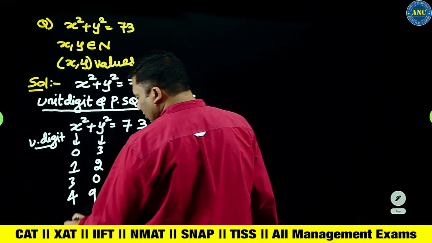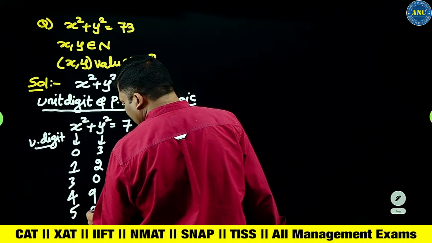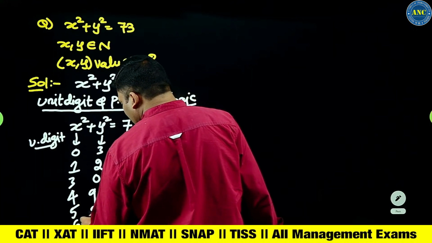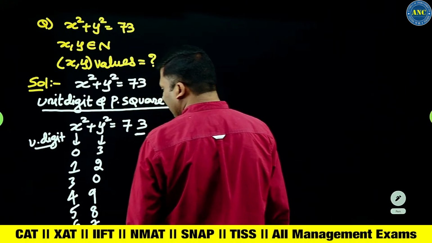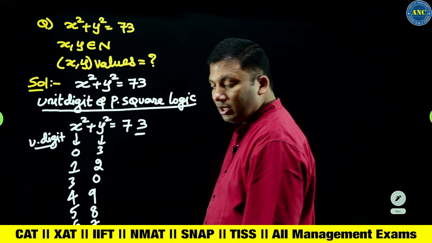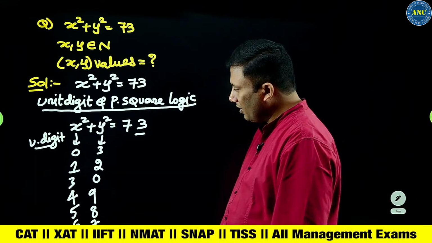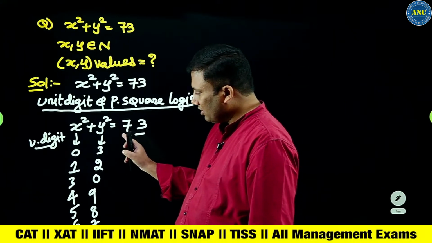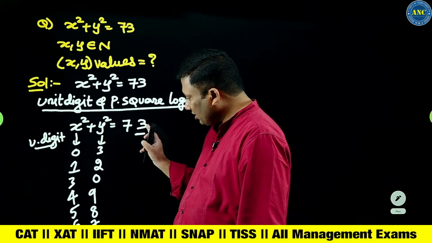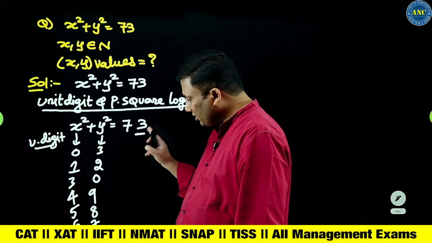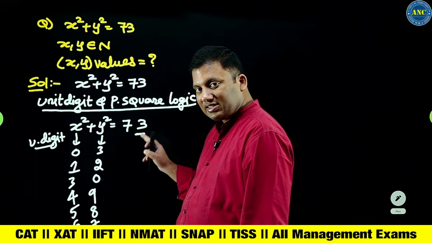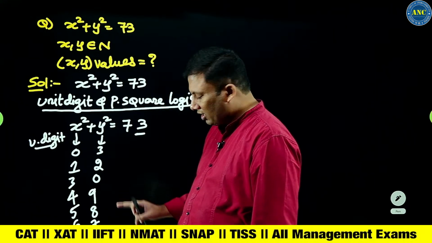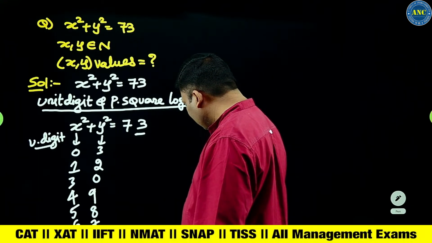This can be 5, this can be 8. This can be 6, this can be 7. So 0 plus 3 is 3, 1 plus 2 is 3, 3 plus 0 is 3, 4 plus 9 is 13, 3, 5 plus 8 is 13, 3, 6 plus 7 is 13, 3.